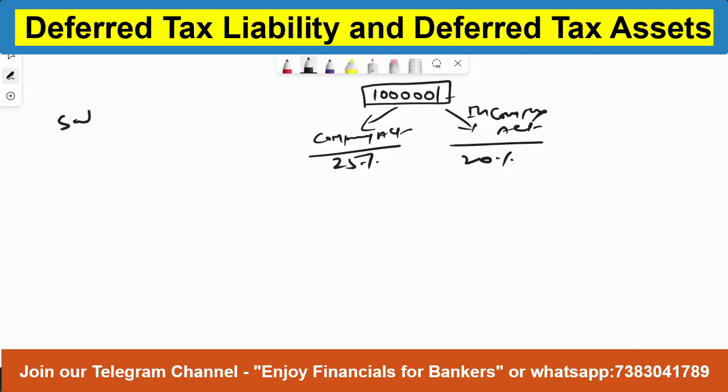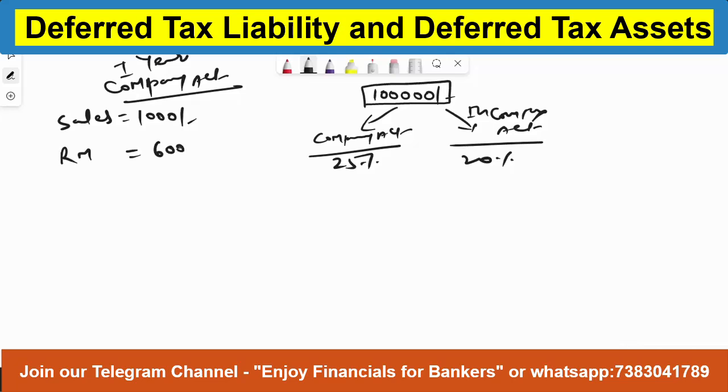So now the sales is, suppose, 1,000 rupees as per the Company Act. Now I am preparing the balance sheet as per the Company Act, and this is the first year. Sales is 1,000, raw material expenses 600, other expenses 100.